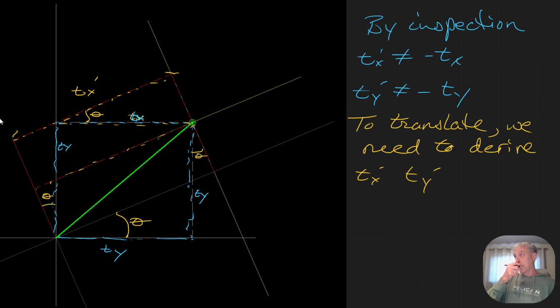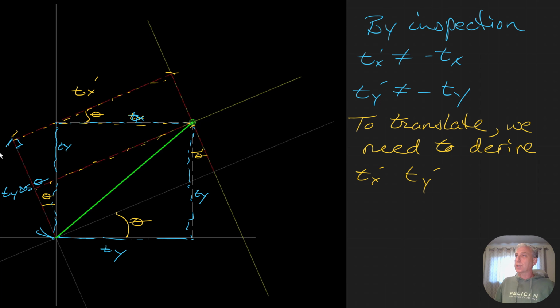And that's Ty. Okay, well, from that, it's easy to see that the length of this would be Ty cos theta, from here to here, just because that's a right triangle with a hypotenuse of Ty, so Ty cos theta.